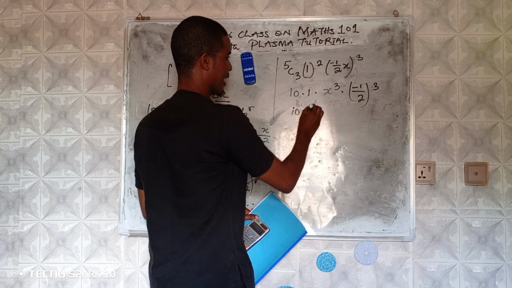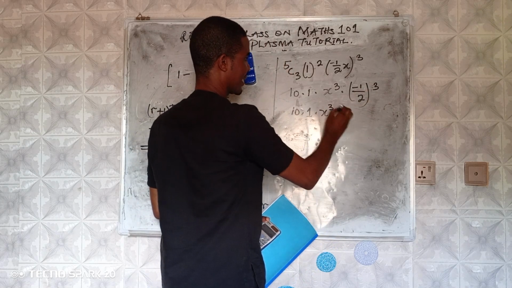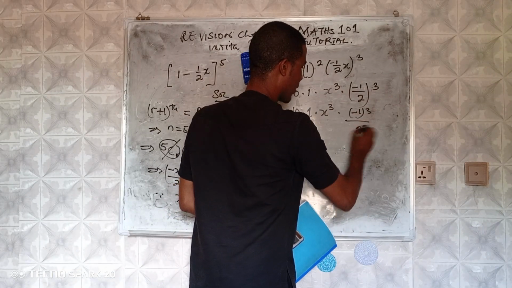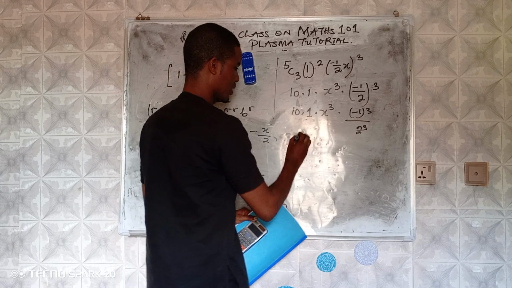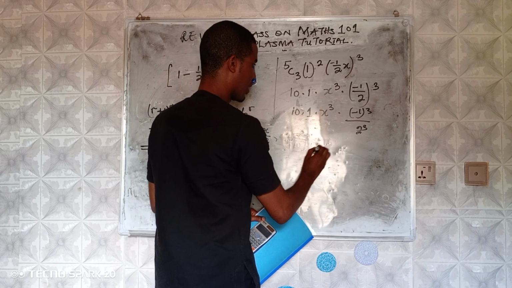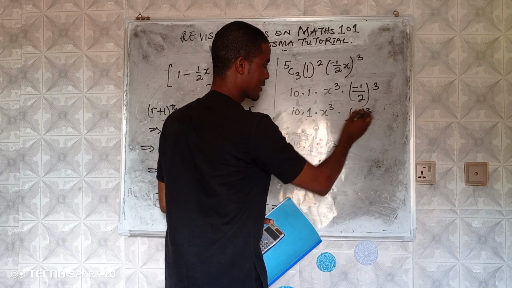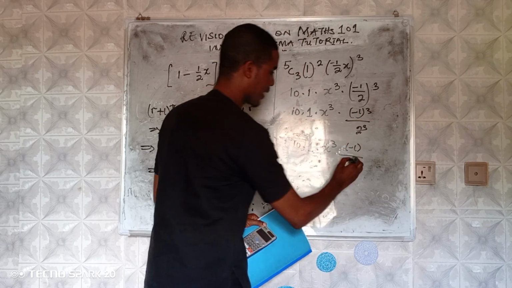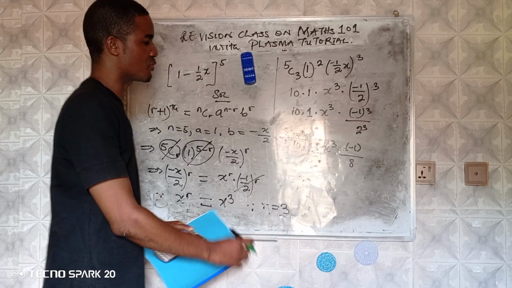So I have 10 times 1 times x raised to power 3 times minus 1 raised to power 3 over 2 raised to power 3. This is still going to be minus 1 over 2 raised to power 3, which is 8. 2 times 2 is 4, 4 times 2 is 8.